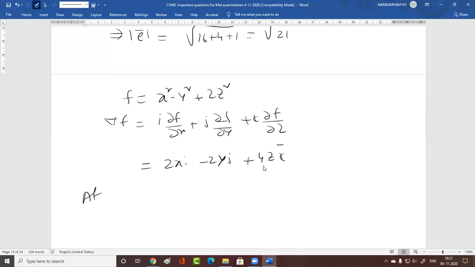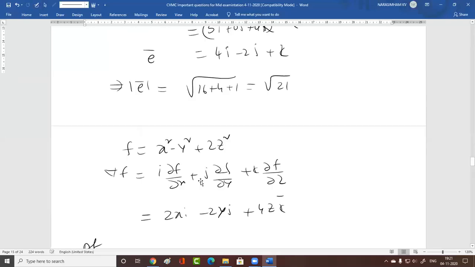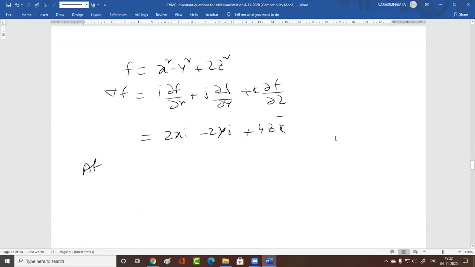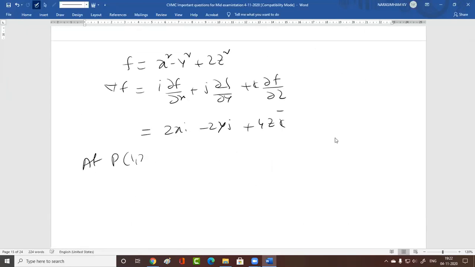So at which point? At the point P, 1, 2, 3, del F equals, putting x equals 1, y equals 2, z equals 3, 2i minus 4j plus 12k.